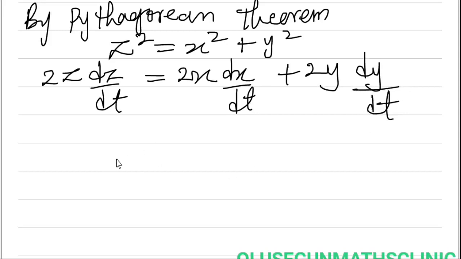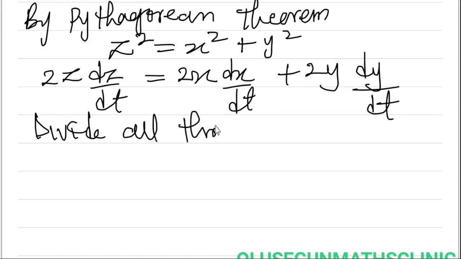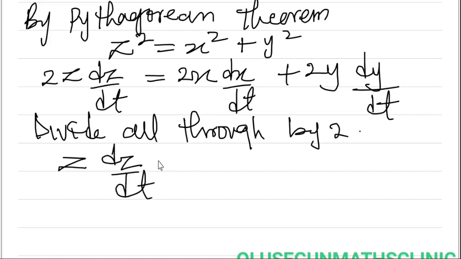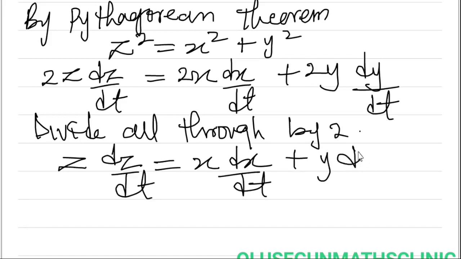So let's divide all through by 2. So we have z dz/dt is equal to x dx/dt plus y dy/dt.